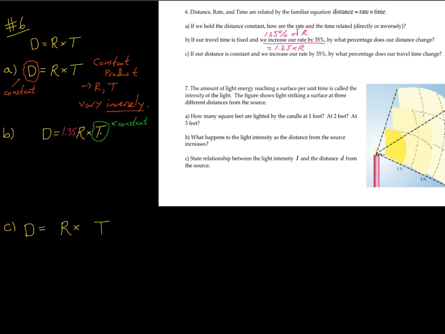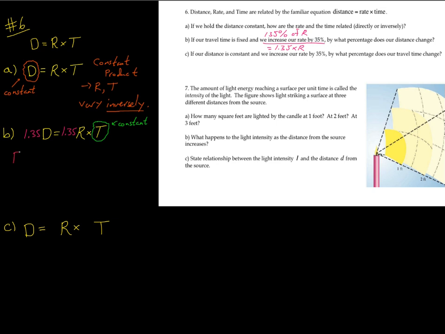Now, the travel time t is constant. I can't mess with that. So in order to balance the equation, I'm then going to have to multiply the left side by that same amount. The distance is also going to have to be multiplied by this. These two effects are really going to just cancel out. But what we're saying is, for an increased rate, we're going to see an increased distance, and in fact that increase would be the same.